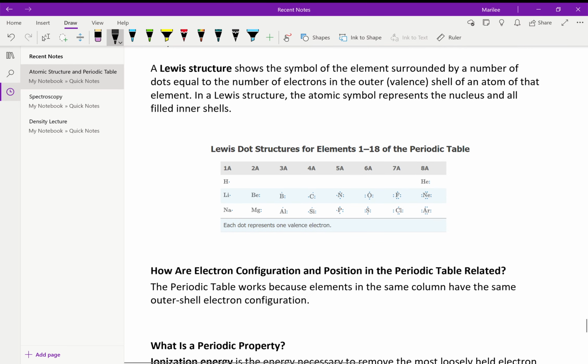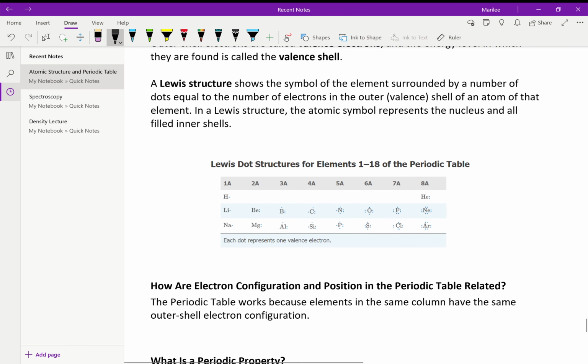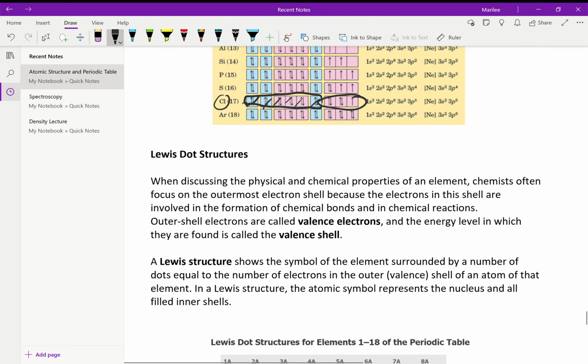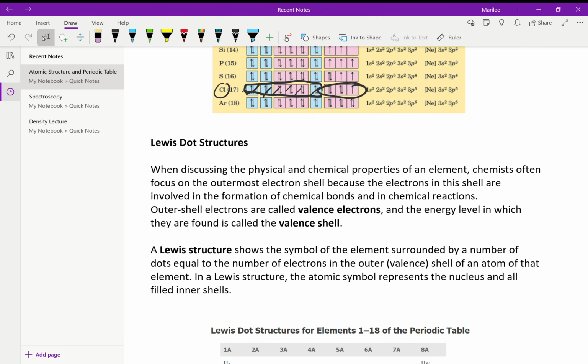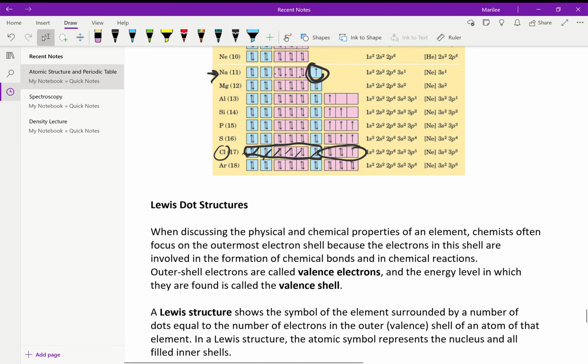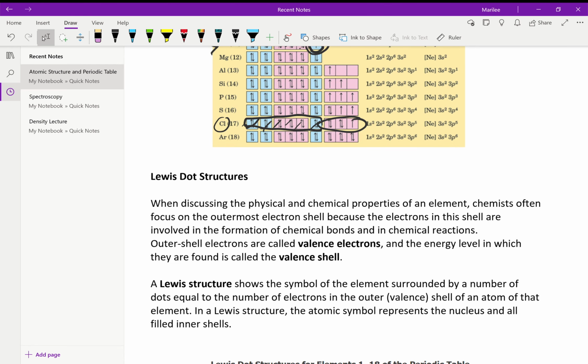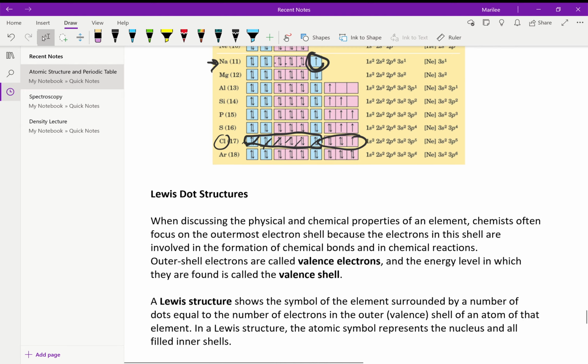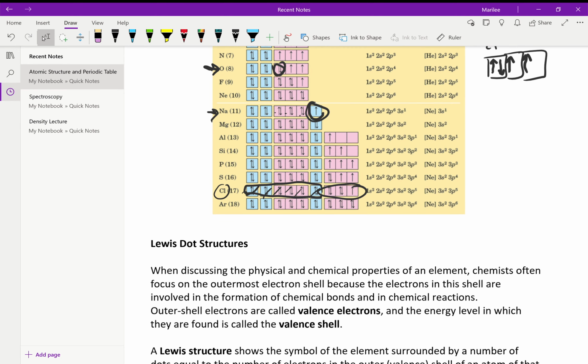So if we go back here to chlorine, chlorine has 17 electrons. So we have the 5.